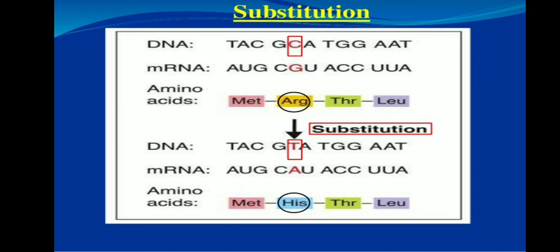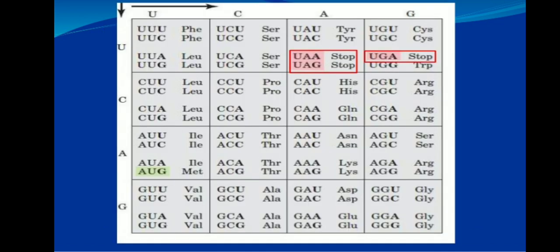Because of the single substitution here, the thymine will convert into adenine, and the histidine will get formed in case of arginine, right? So because of a single nucleotide change, the amino acid can be changed.